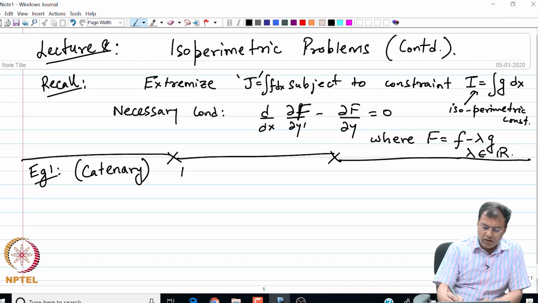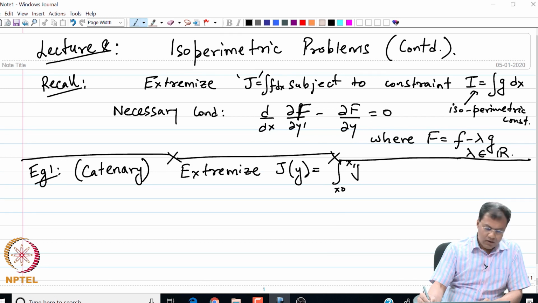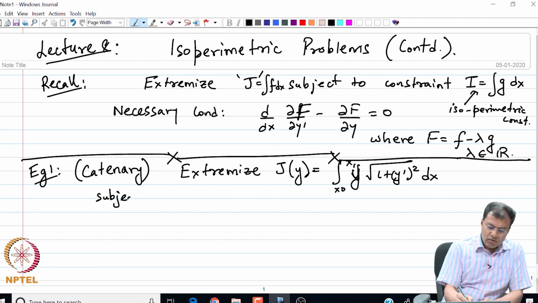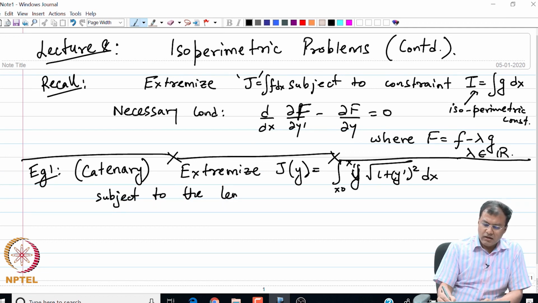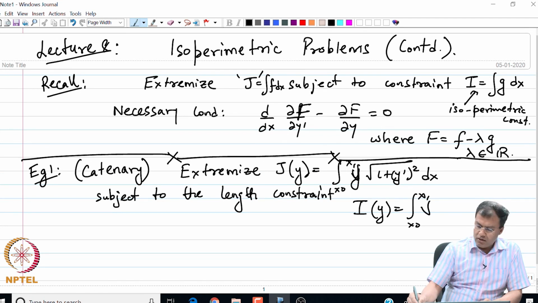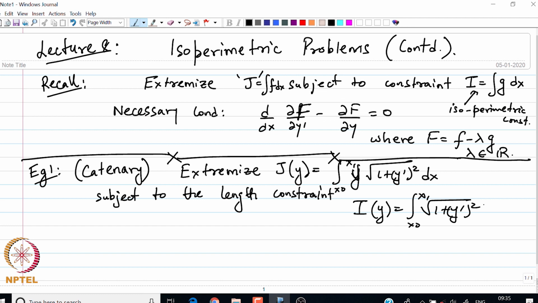So we have to extremize the functional given by integral from x0 to x1 of y square root of 1 plus y prime square dx, subject to the length constraint given by I of y is equal to integral from x0 to x1 of square root of 1 plus y prime square dx, which is given to be a fixed number, let us say L. So this is the isoperimetric constraint that we have.